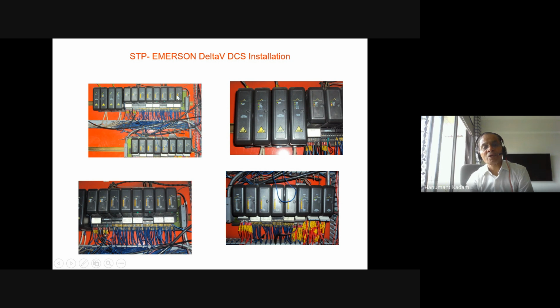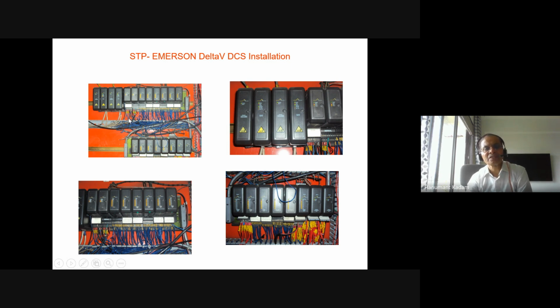So this way, if your plant size is bigger and more and more IOs are required, you can extend like this. Again, you can extend also like this. You can see it is extended from here with this connector, looped like this, and you can put 8 more IO cards here.